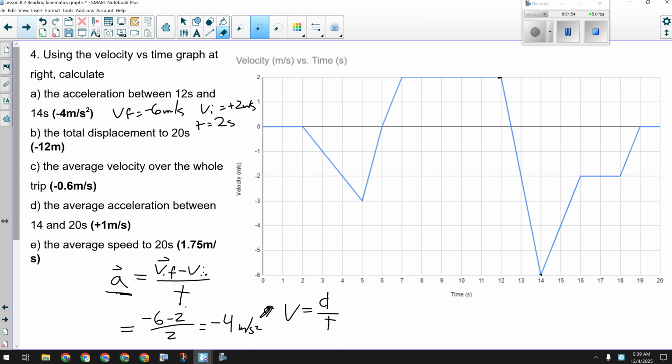Now for part B. If we're going to find displacement, that's all the shape stuff that we just learned. So between 0 and 20 seconds, that's the whole trip. What is the object doing right here for the first 2 seconds?